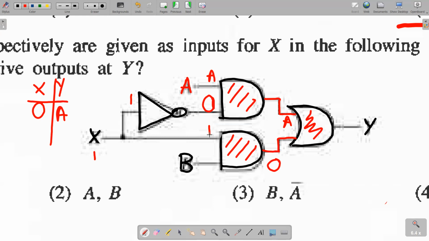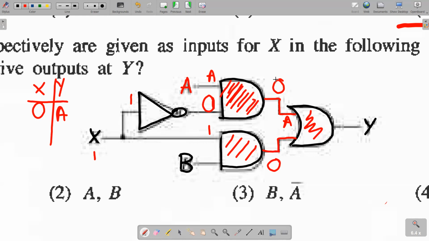So if this AND gate gives you A dot 0, if a 0 is multiplying, or you do the AND operation, with some variable, it's going to give you a 0 ultimately. A dot 0 is 0, because when you do the AND operation with 0, the final answer is 0 without a doubt.